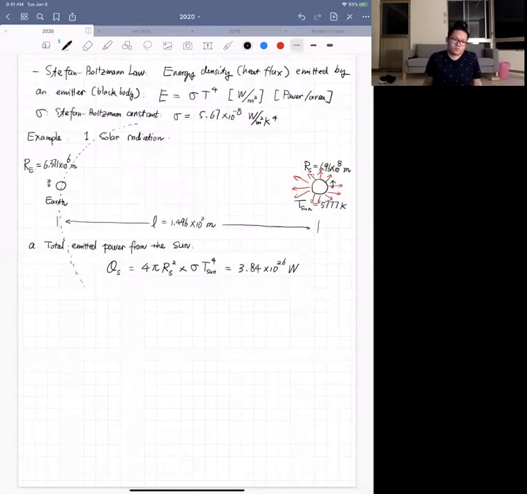And this is an idea, but let's do the calculation. Solar radiation intercepted by the Earth.